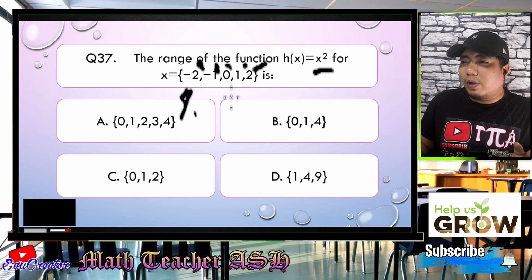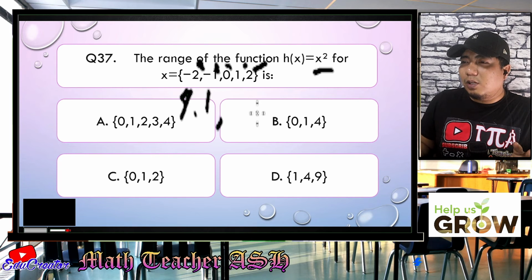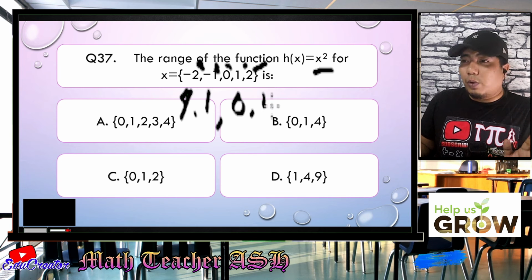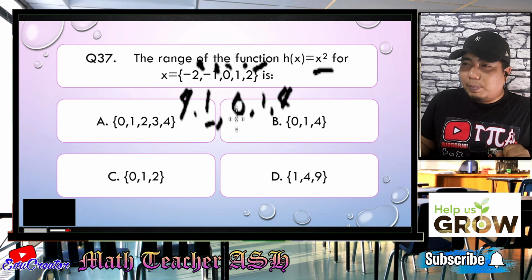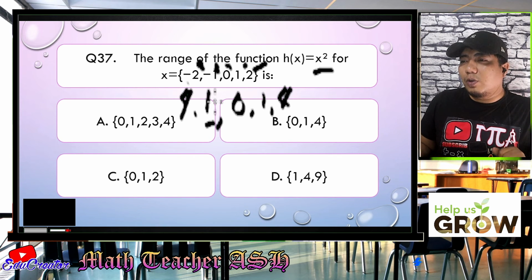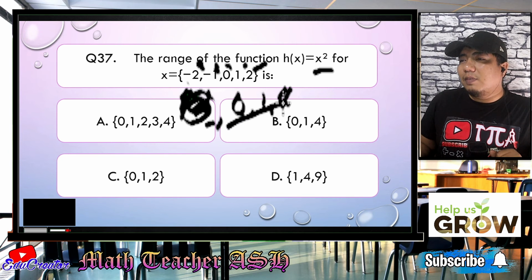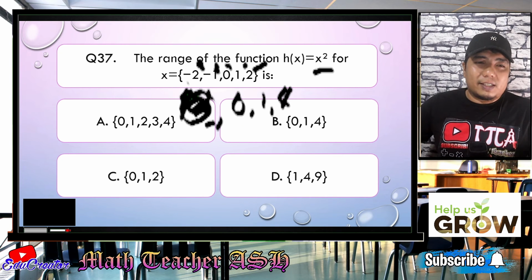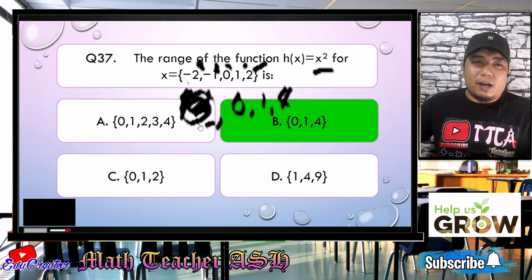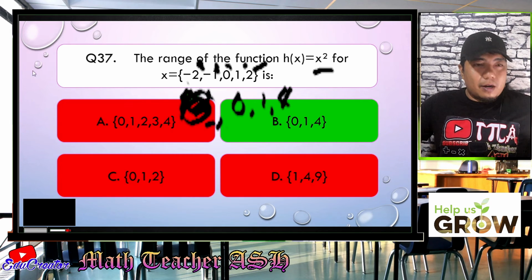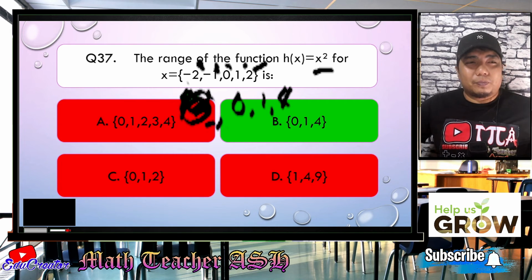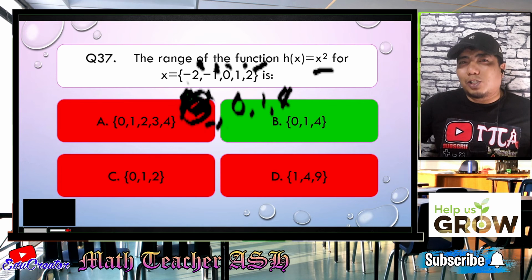Negative 1 squared is positive 1. 0 squared is still 0. Positive 1 squared is still 1. 2 squared is 4. So the repeating numbers are 1 and 4. You can delete those and you have 0, 1, 4. So that is letter B. Alright, we are correct, my dear math learners. Easy, right? Very easy.